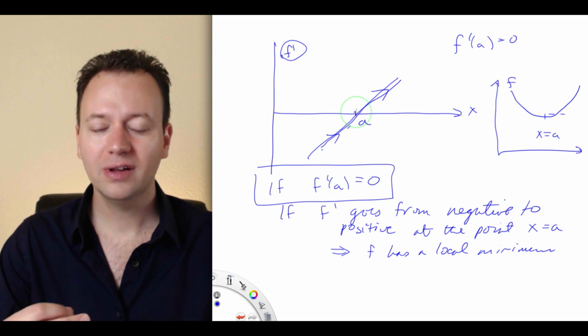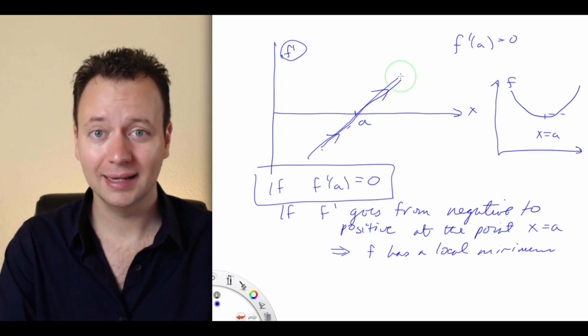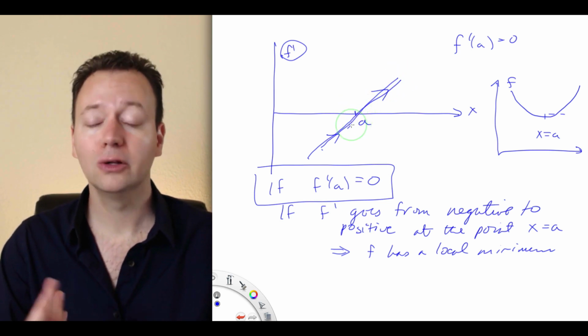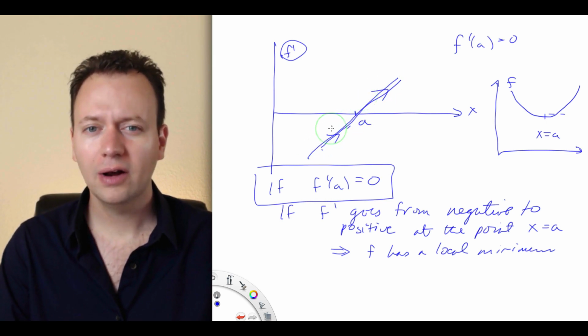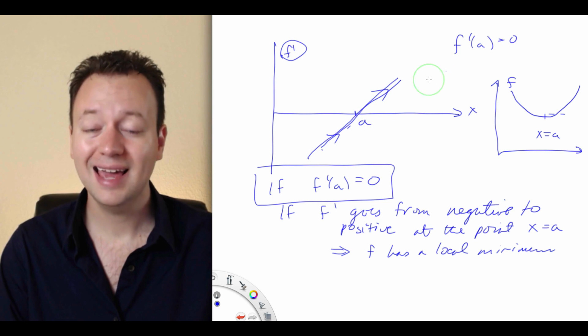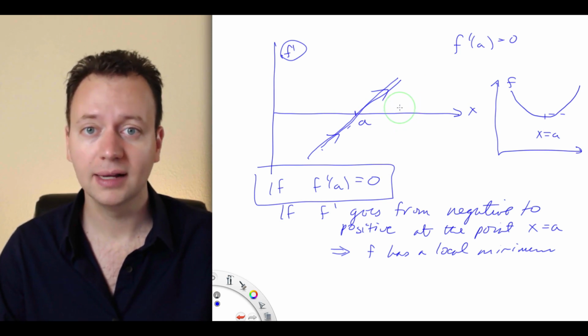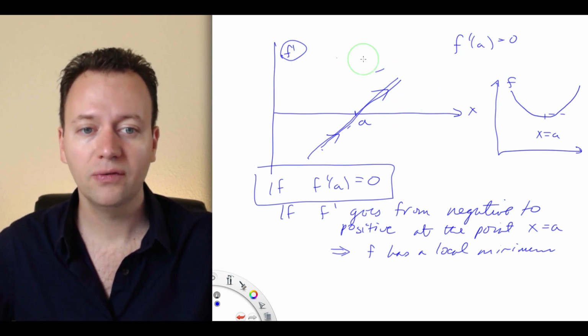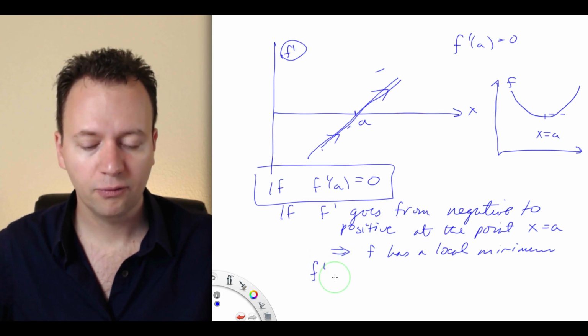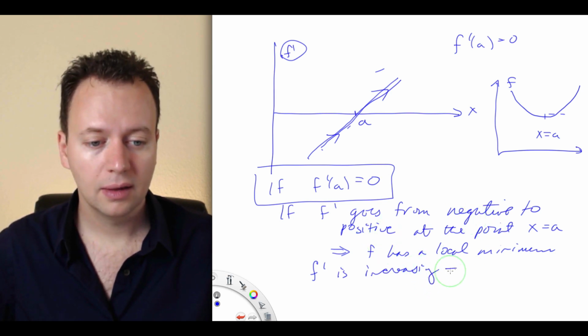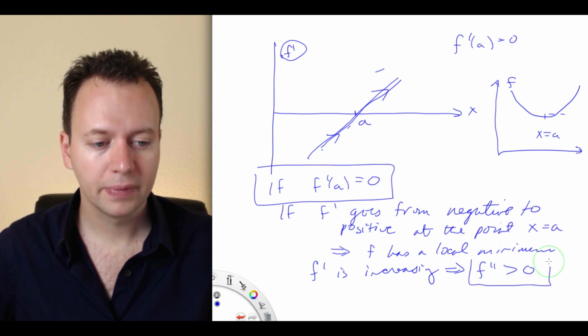If the derivative is equal to 0 and increasing, that's equivalent to saying that the derivative is moving from negative to positive. Whenever any function is increasing, its derivative must be positive. Since f prime is increasing because we're going from negative to positive, f double prime has to be greater than 0.